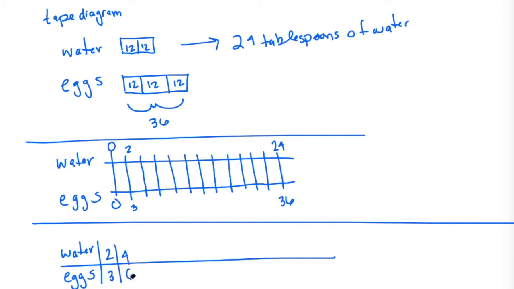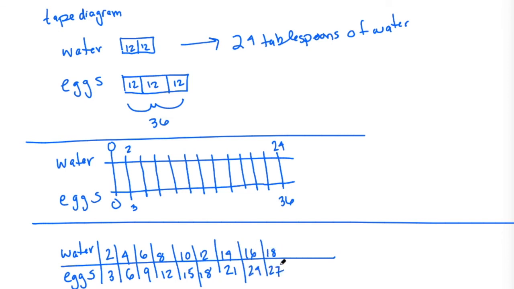If we have 4, we'd have 6. 6 and 9, 8 and 12, 10 and 15, 12 and 18, 14 and 21, 16 and 24, 18 and 27, 20 goes with 30, 22 goes with 33, and finally 24 tablespoons of water, 36 eggs.